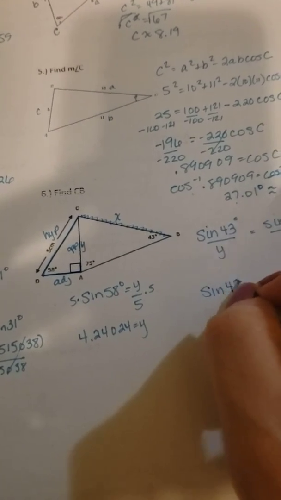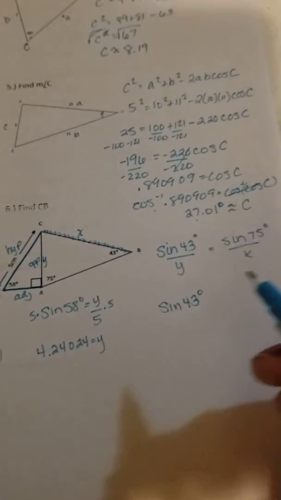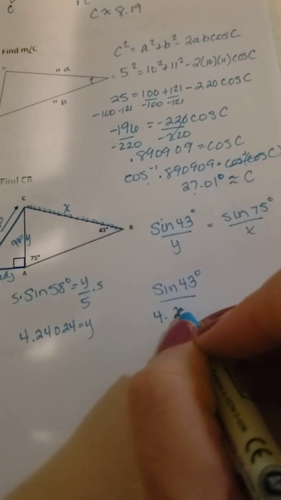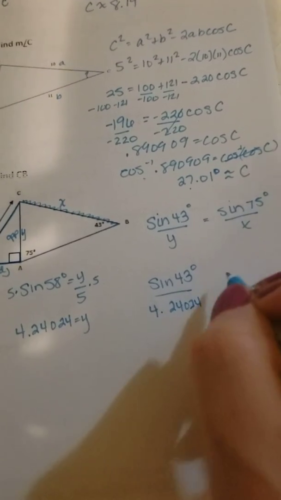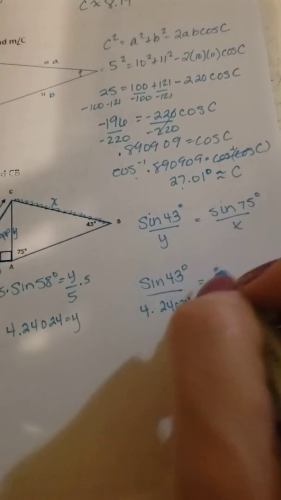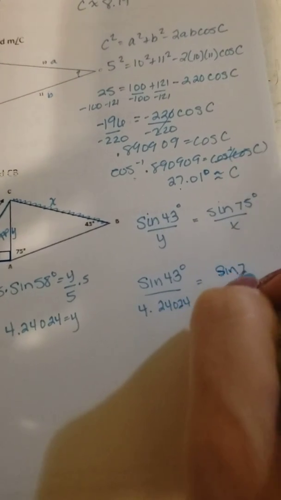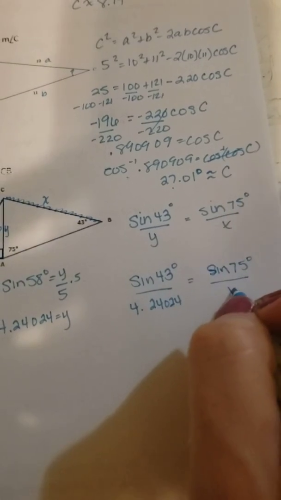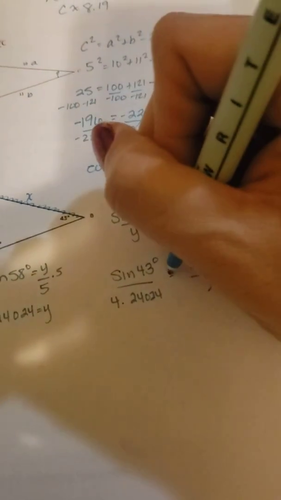Sine 43 degrees over 4.24024 equals sine 75 degrees over X. Well, now I can just cross multiply.